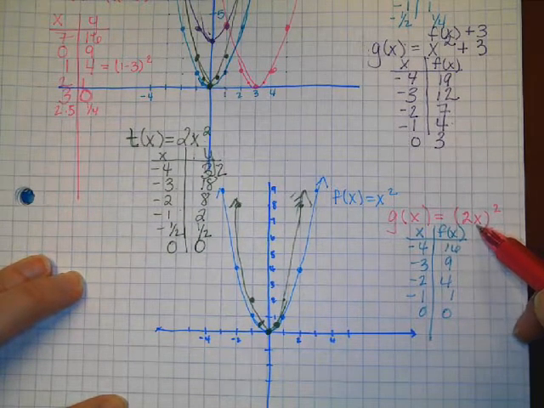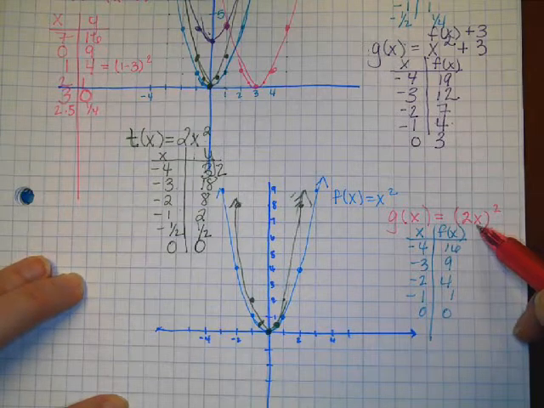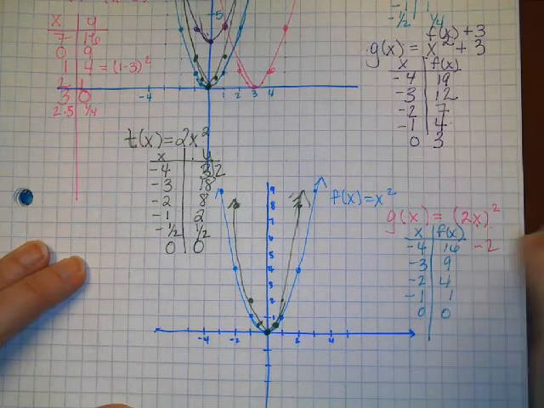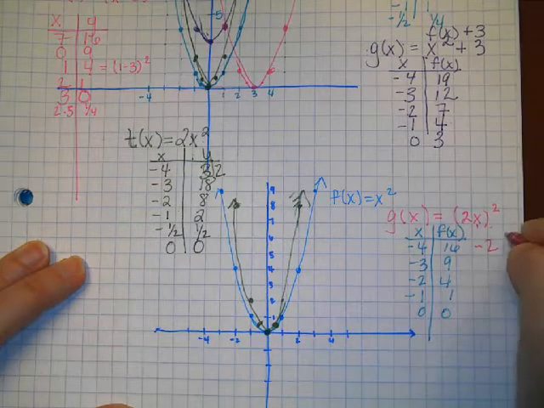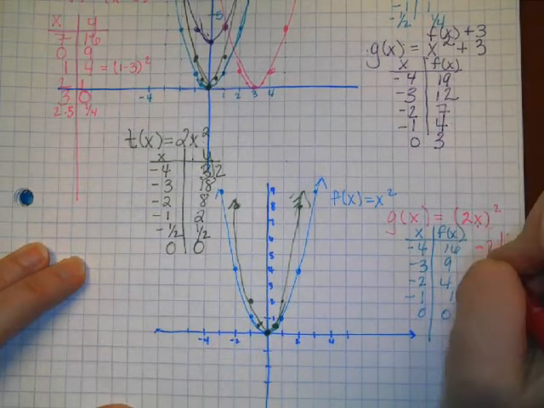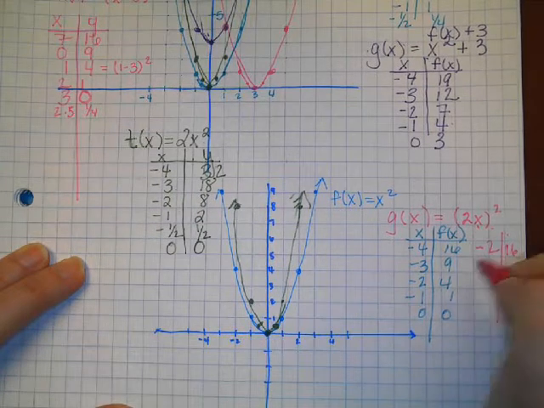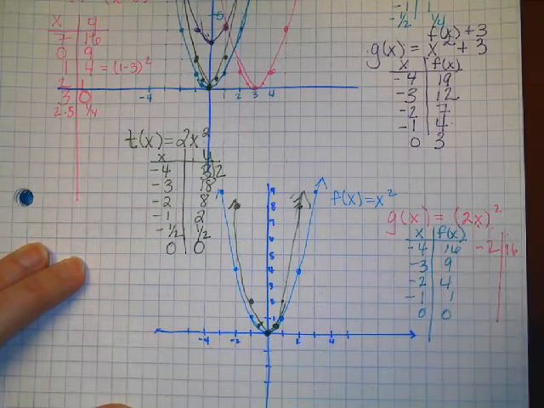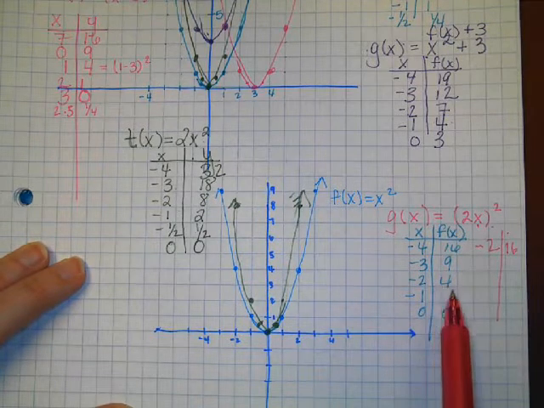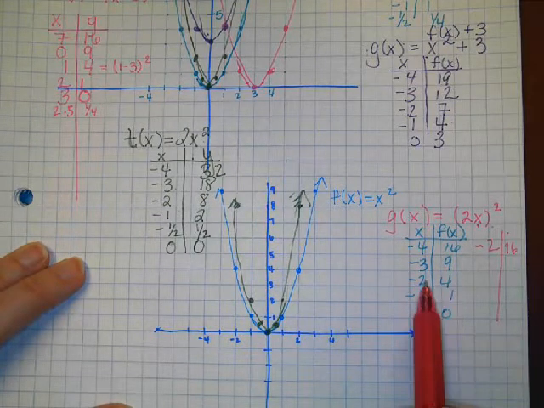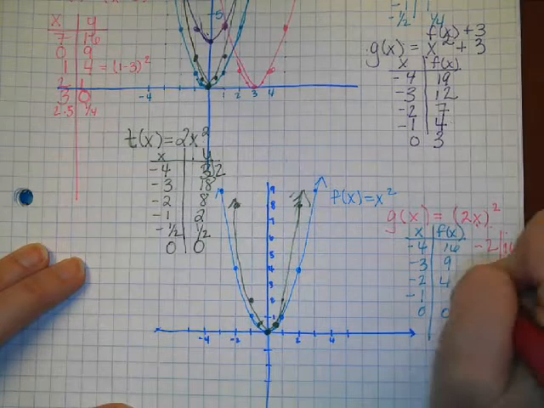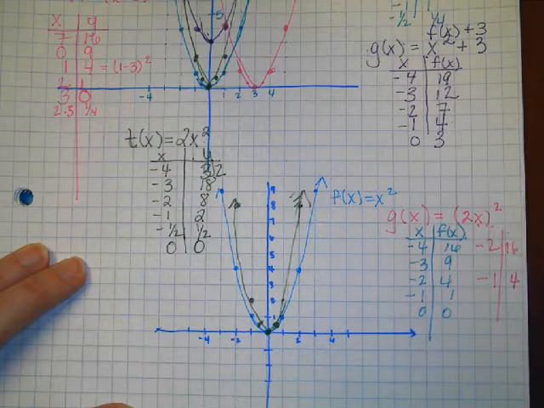But now, to get out 16, x only needs to be a 2, because 2 times 2 is 4. 4 squared is 16. So at negative 2, I have 16. To get 9, it's nothing pretty. Let's skip it because it's odd.